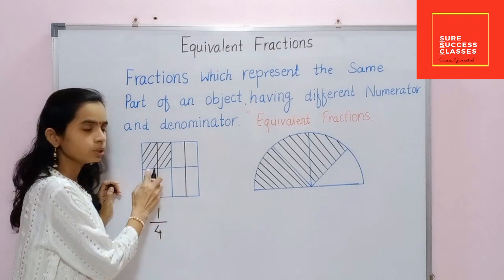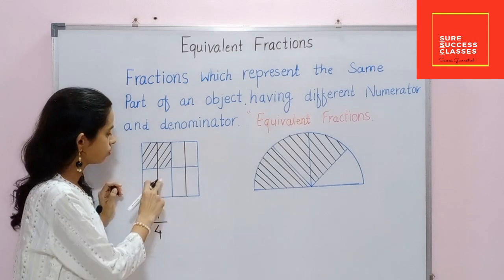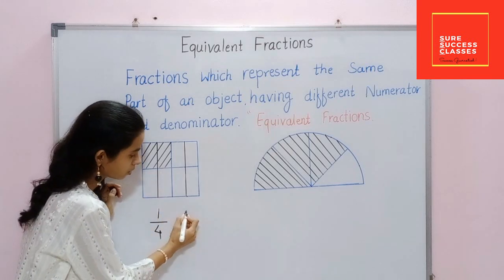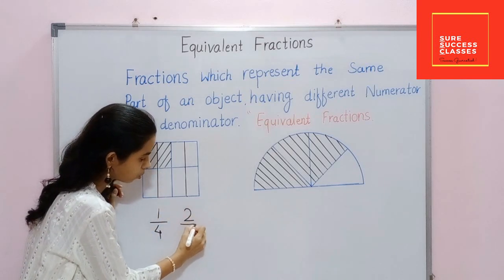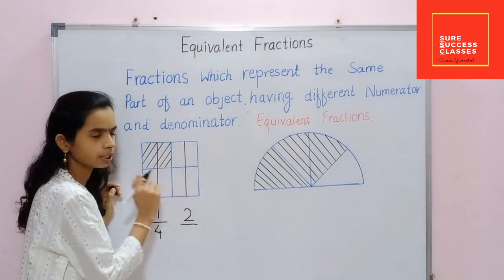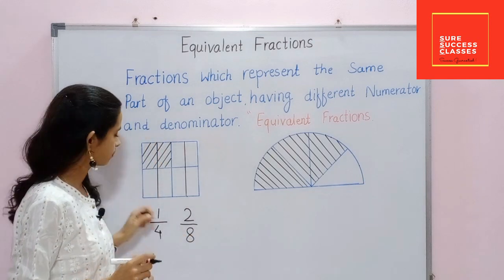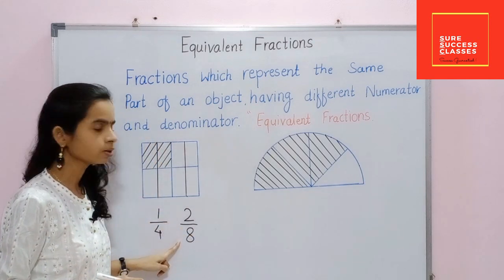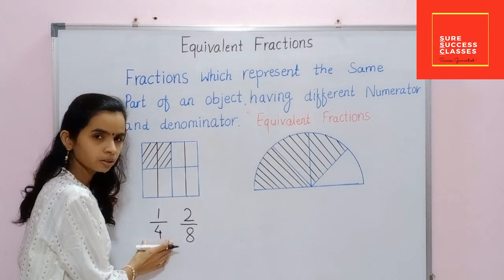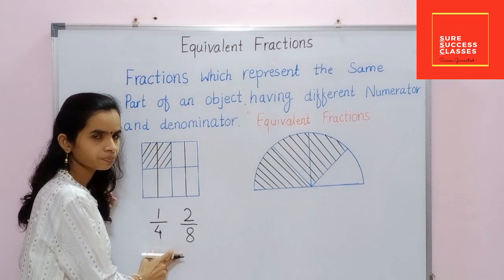What will be the fraction for this shaded part now? 2 parts out of 1, 2, 3, 4, 5, 6, 7, 8 equal parts means the fraction is now 2 by 8. For the same shaded part, there are two fractions, 1 by 4 and 2 by 8.